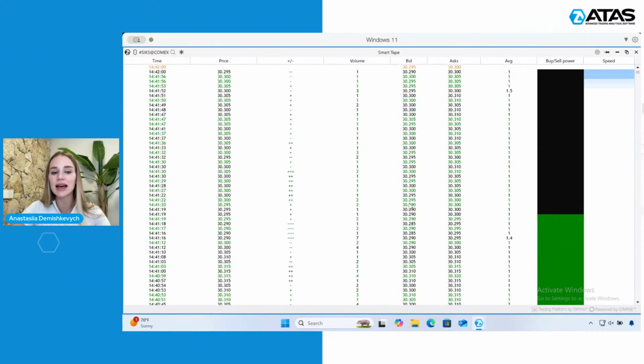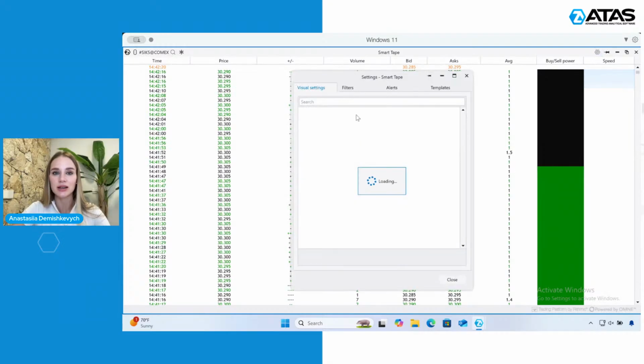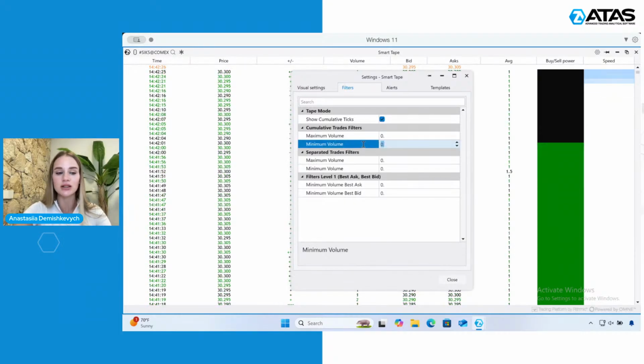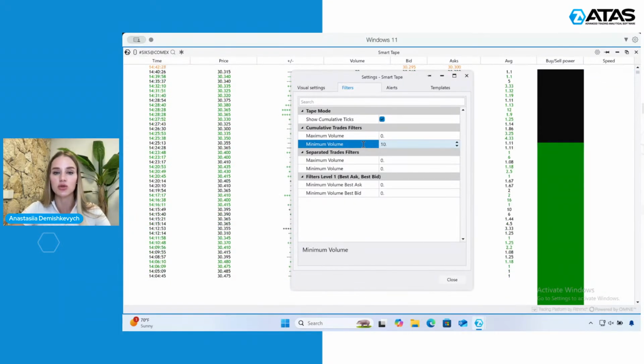So if you see several large orders in a row, which the smart tape also accumulates for you, so it's much easier, moving in the same direction at approximately the same price level, that signals the start of an impulsive move. To help you with this, again, you can go to settings and use the minimal volume filter on the cumulative trades or separate trades, depending on the asset specification that you trade.